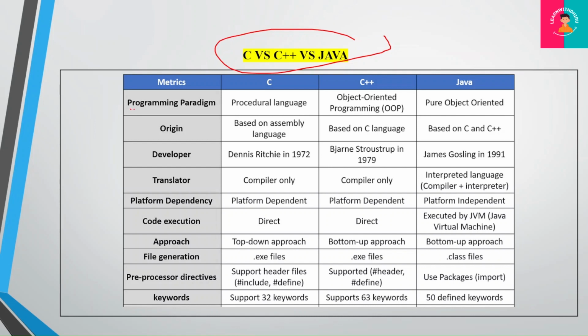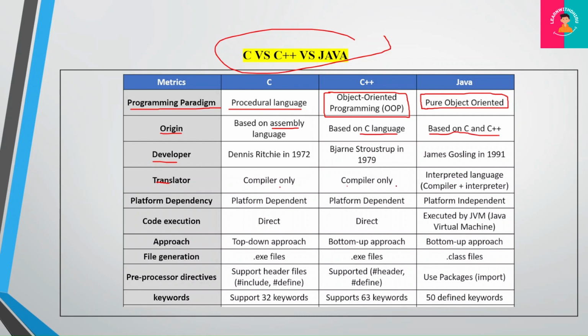So these are the points we are comparing: developer, translator, and so on. First, C is a procedural language, C++ is procedural plus object oriented, and Java is called a pure object-oriented language. The origin is based on the assembly language, based on C and C++.